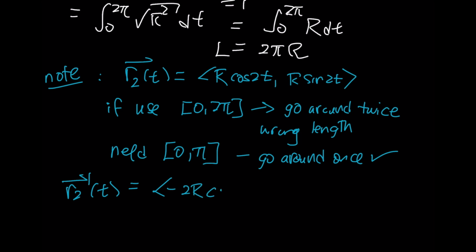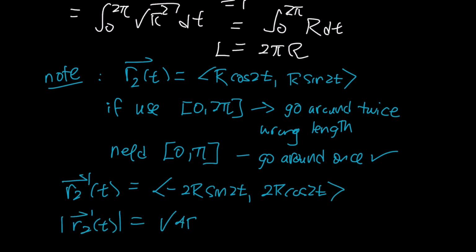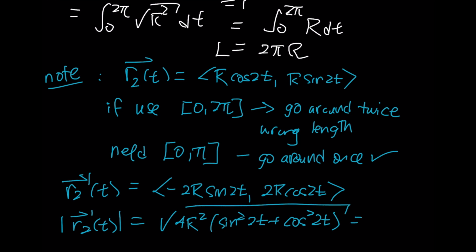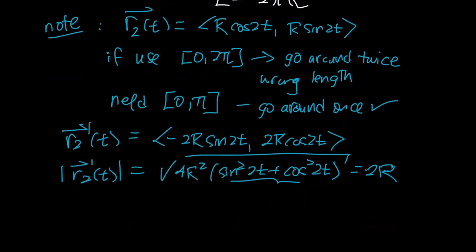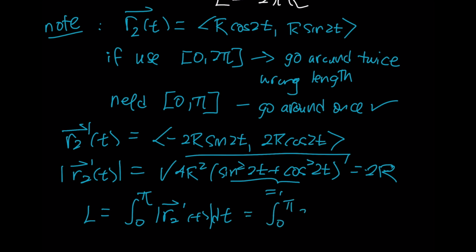I would get negative 2r sine of 2t, and I would get 2r cos of 2t. If I were to take the length of this quantity, 4r squared times sine squared 2t plus cos squared 2t, this is going to end up giving me a 2r, because this quantity is equal to 1. So this would be an integral from 0 to pi of 2r dt, which as expected gives me the same result.